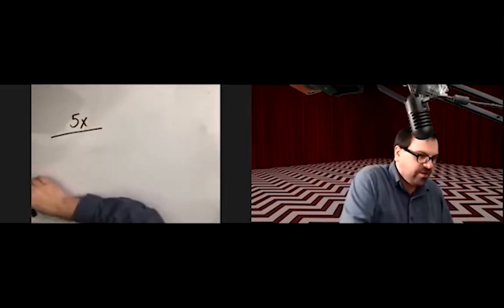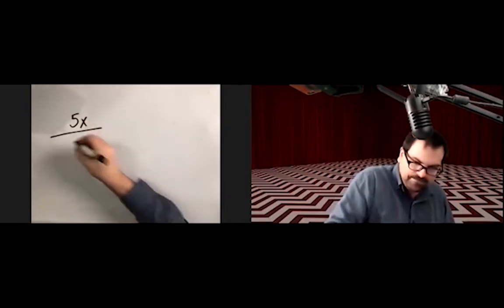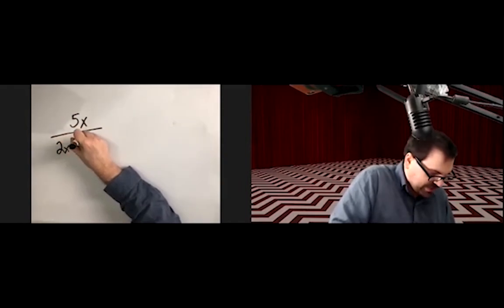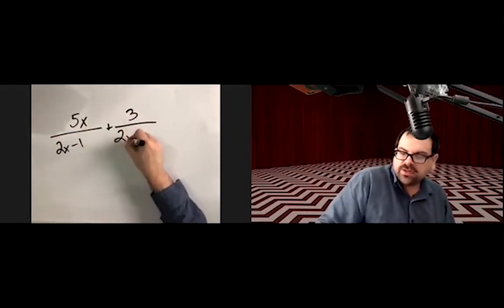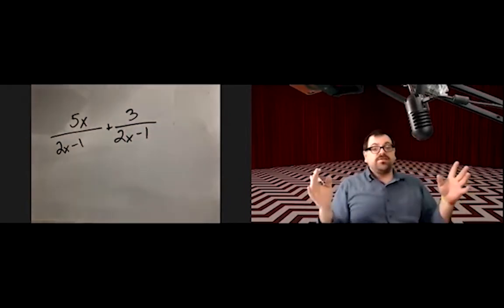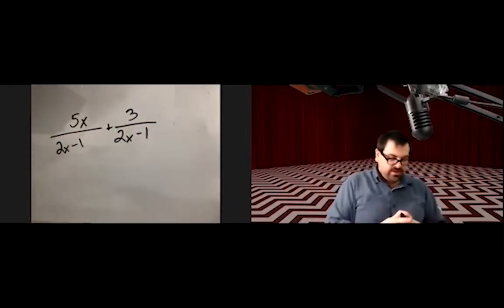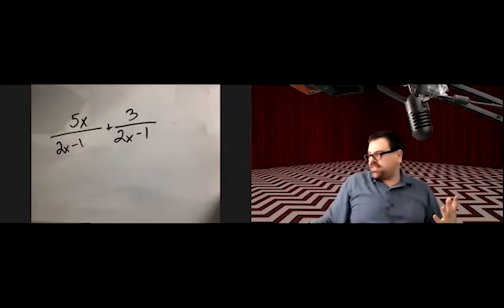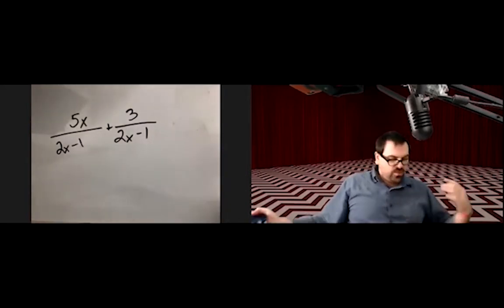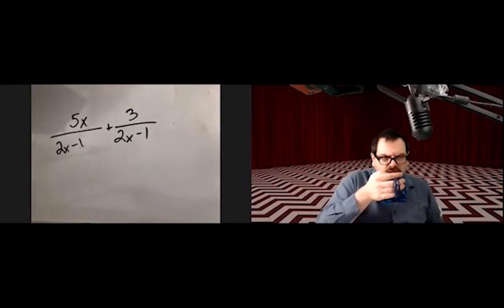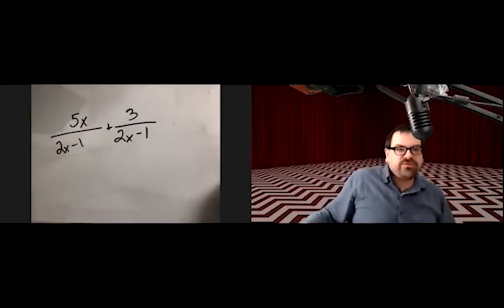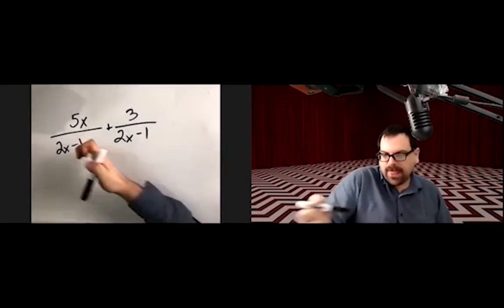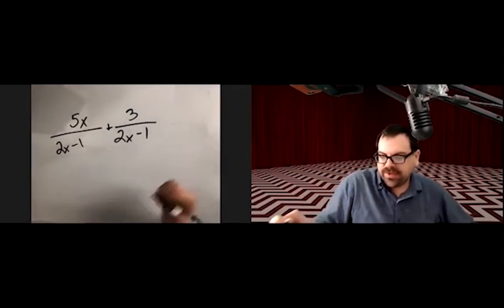If we have 5x over 2x minus 1 plus 3 over 2x minus 1, all of a sudden this looks very complicated. Surely this can't be just like 1/8 plus 3/8, can it? It sure can when we add or subtract fractions. And these are fractions.